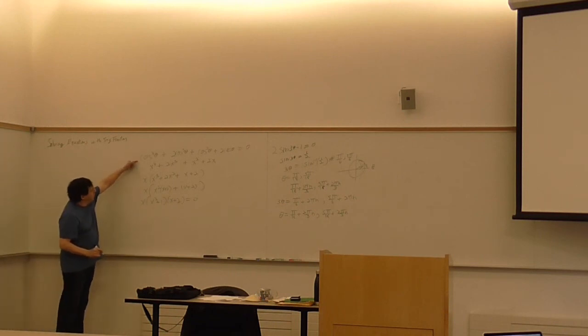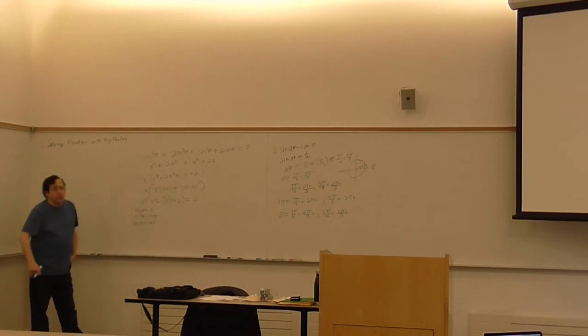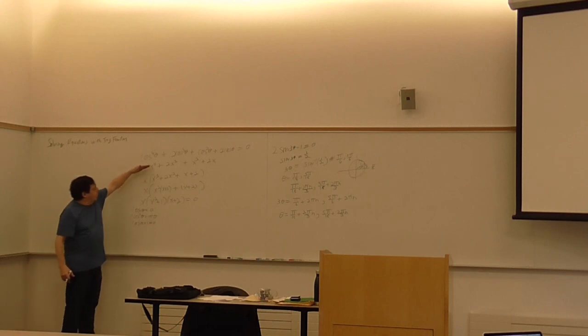Now I see x was just my cosine, so I have cosine of theta equals 0, cosine squared theta plus 1 equals 0, and cosine of theta plus 2 equals 0. And then I just look at these and see what solutions I have here. So all this kind of stuff isn't what we've learned now, but you still know this. You could still use this in these types of problems.